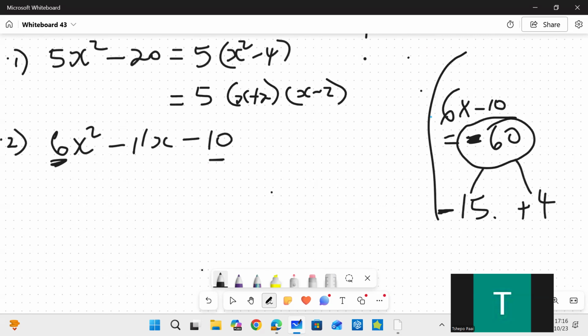Now we are going to write this 11x in terms of 15 and 4, which will be minus 15x plus 4x. We have minus 10.